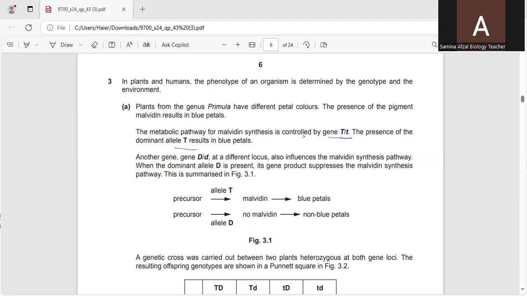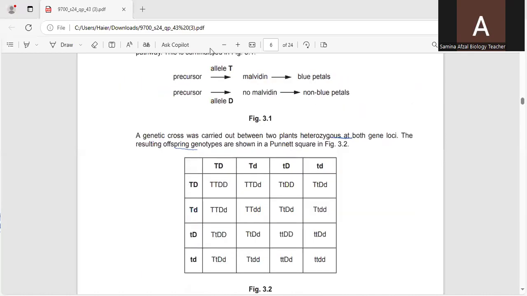It means capital T is responsible for the formation of molybdenum and the color blue petals. On the other hand, the capital D is also a dominant allele, which will prevent the formation of molybdenum, and as a result of which non-blue petals will be formed. So in this way, we have come to know what is happening over here.